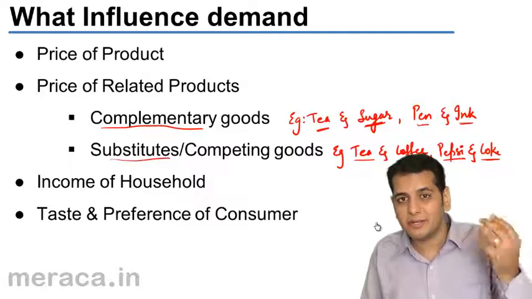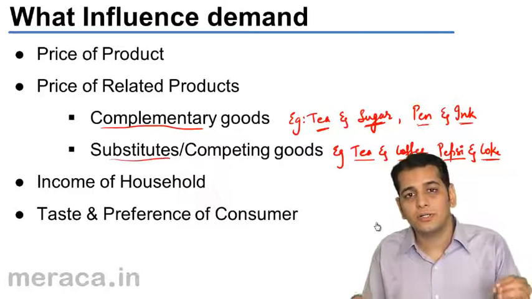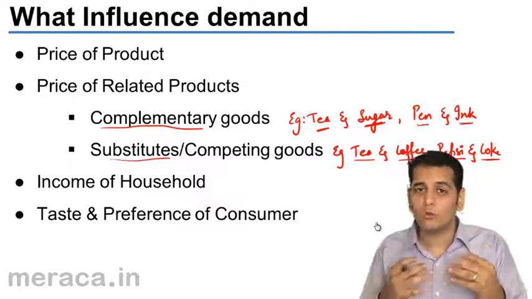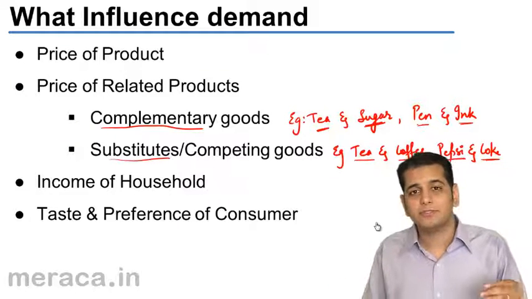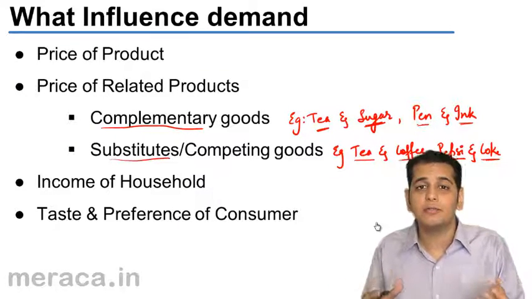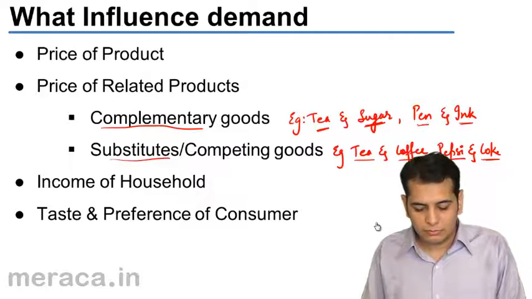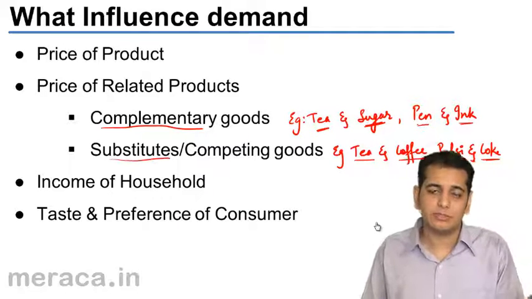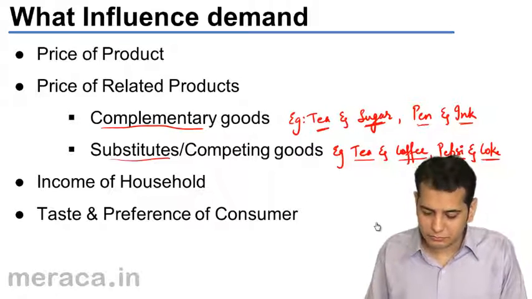Or if there is a trend of, let's say, a particular brand of jeans or a particular style of jeans, so what we do is we tend to follow the trend, we tend to follow the fashion. So what happens is, when the trend is in, we tend to purchase more and more of that product. So we see that the habits, the trends, the fashion, the preference of the consumer impacts demand.